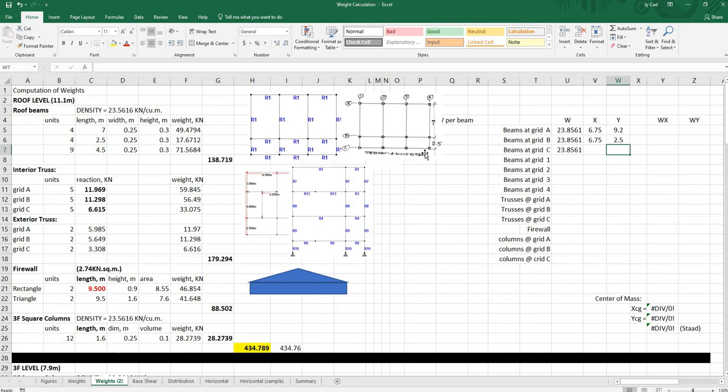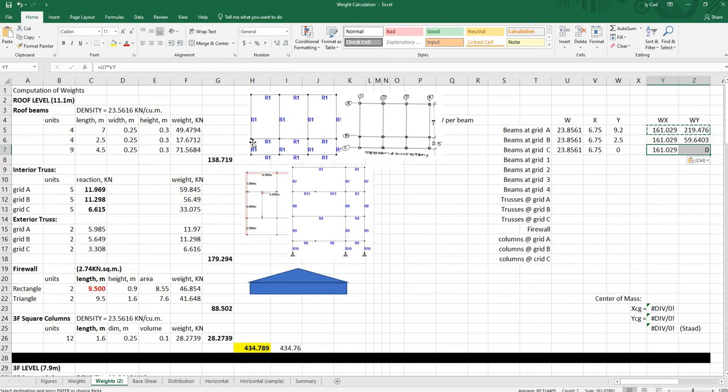And then beams at grid C, the x coordinate of its centroid is 6.75, pero ang y coordinate is 0. And then Wx would be the weight times the lever arm X. Tapos Wy would be the weight times the lever arm Y. And then we can copy this. Ayan.